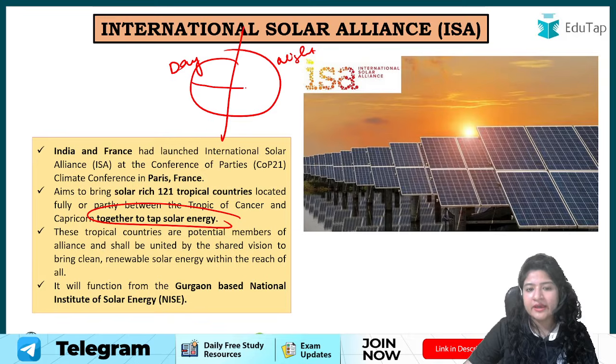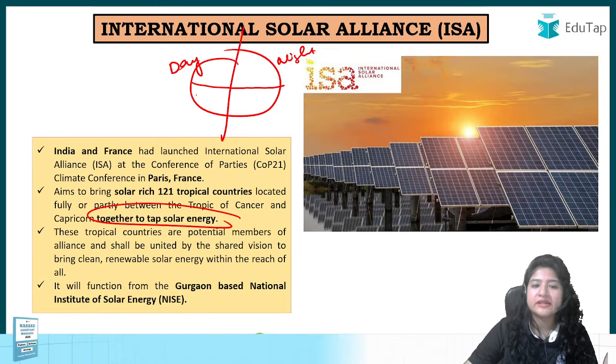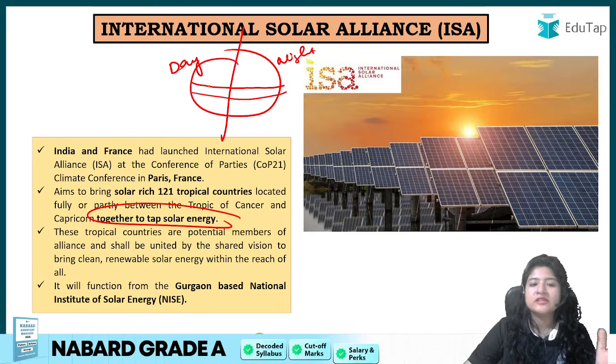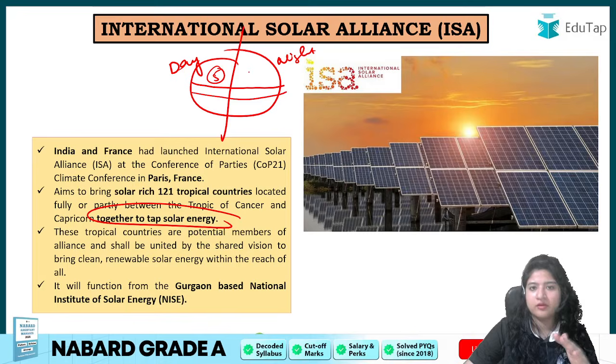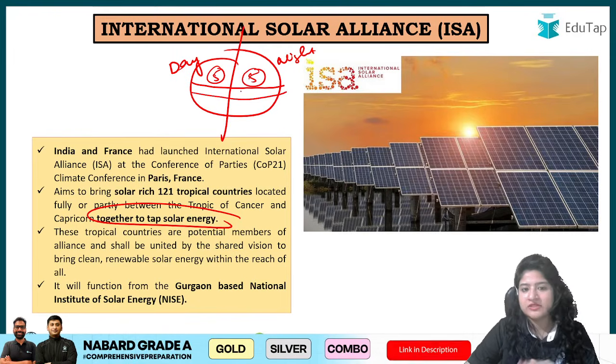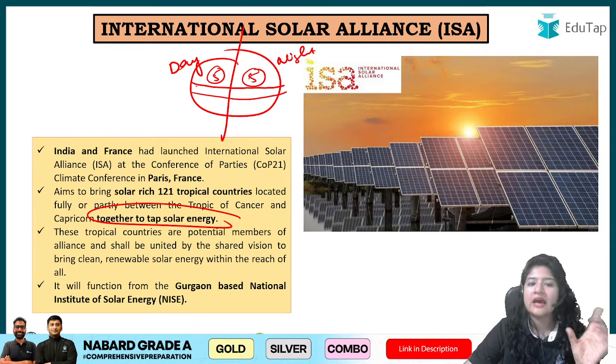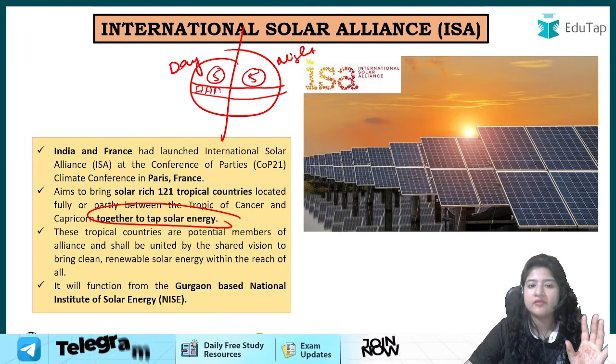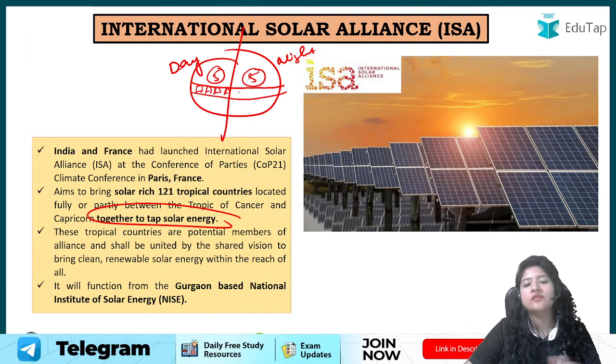But the equator, these tropical countries, here for example, I am just giving a basic example, if 5 countries are in the first hemisphere, and 5 countries are in the second hemisphere, so 5 countries will have sun availability for half of the day, and for the rest half of the day the other 5 countries will have it. Okay.